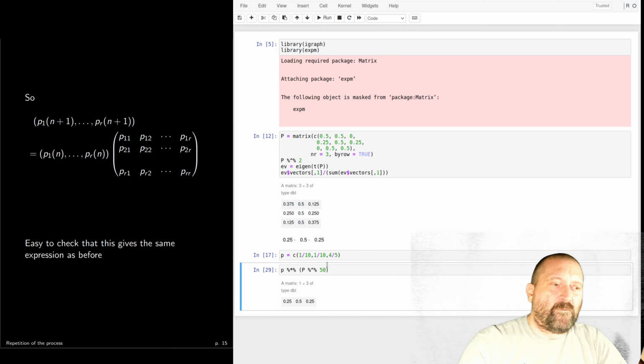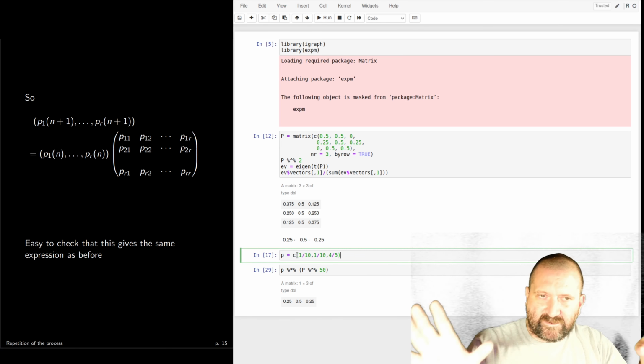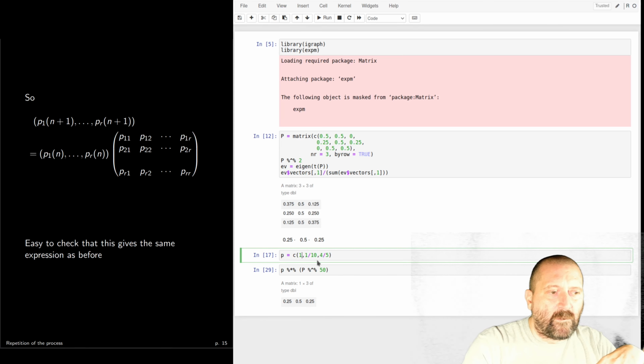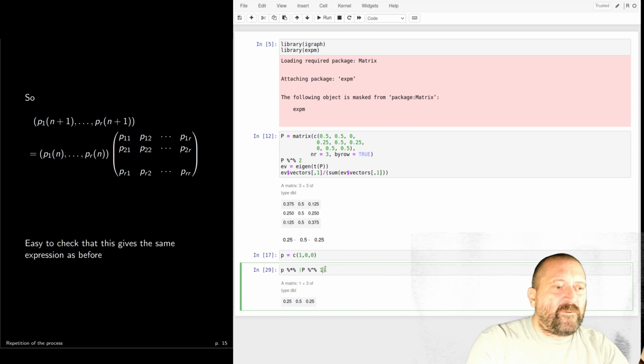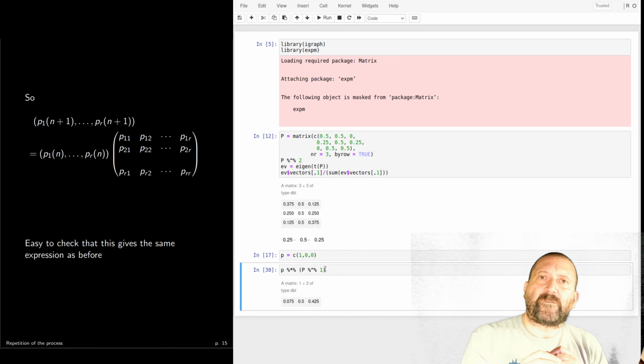So if instead of starting with a vector that has a distribution of weights, I start with a vector that has probability 1 of being in state 1, which is capital G, and probability 0 of being in the others, then the first iteration of the chain gives me the probability that if I started out in capital G, I am in one of those states.